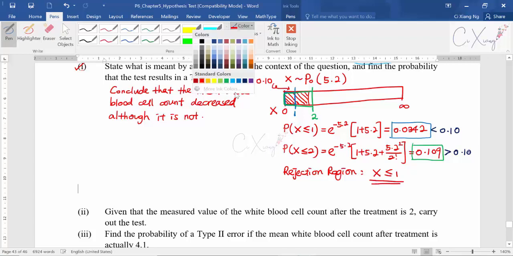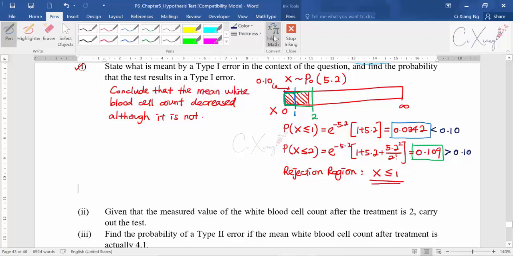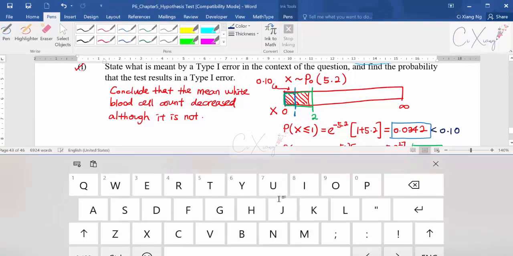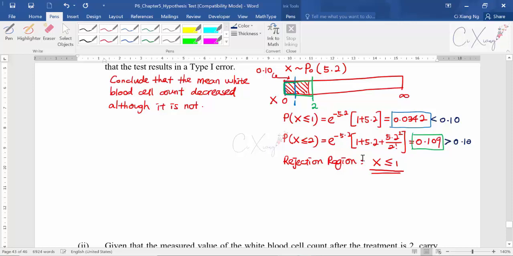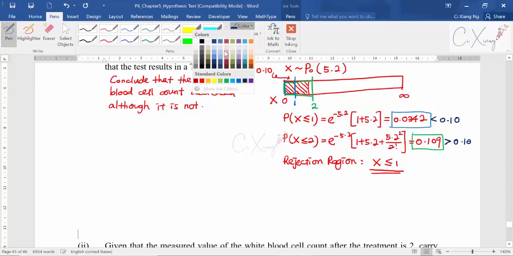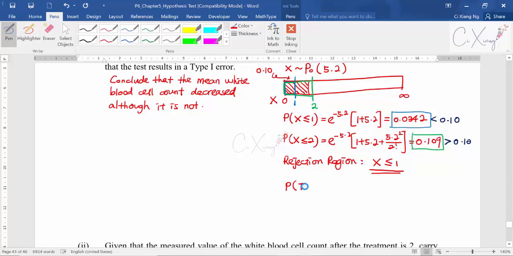Then you want to proceed with the calculation of type 1 error. So what can we do now? To calculate the probability of type 1 error, the definition is you reject the null hypothesis when the null hypothesis is true.